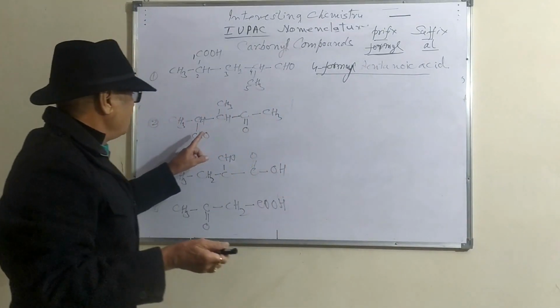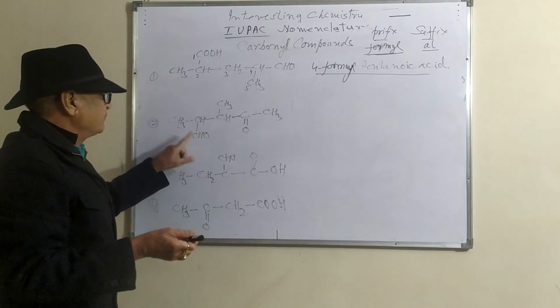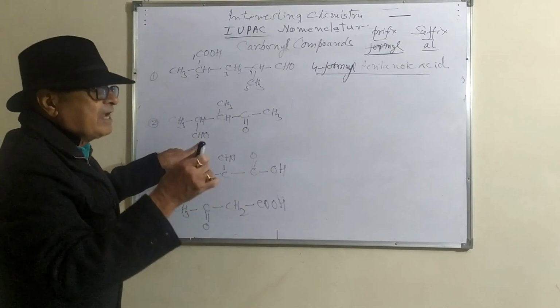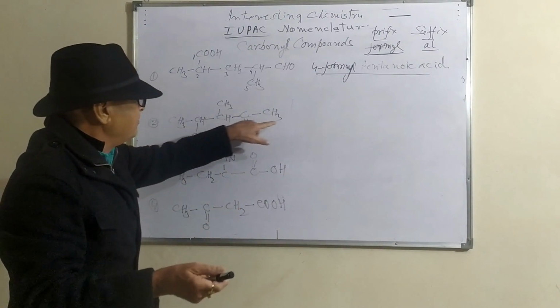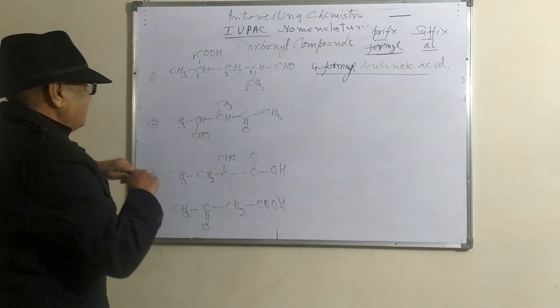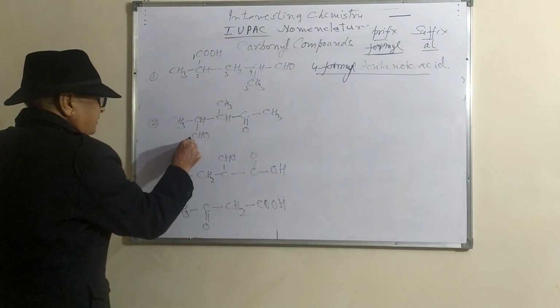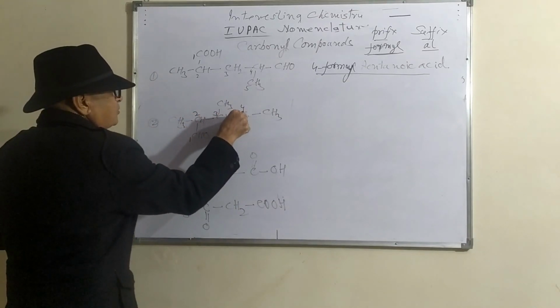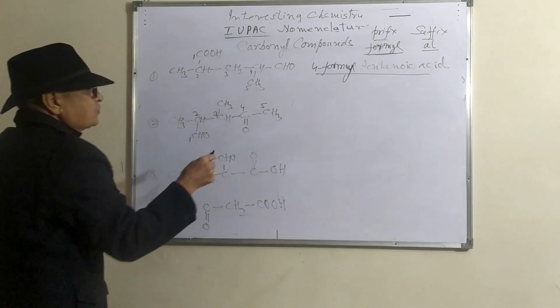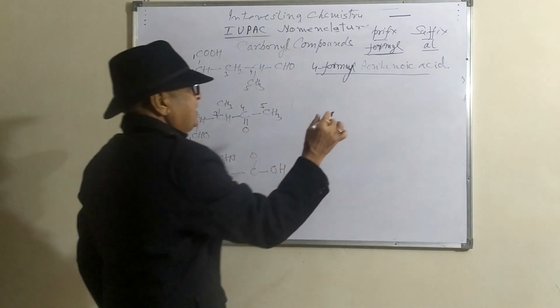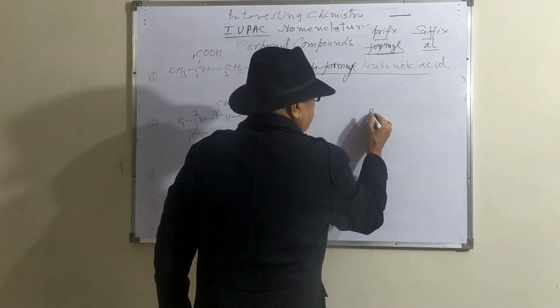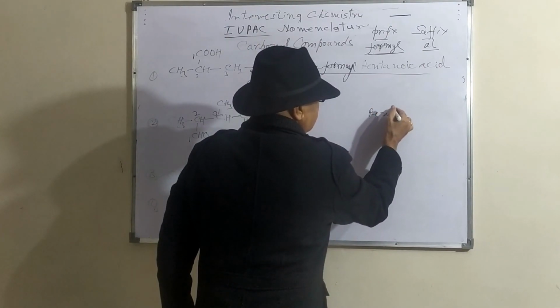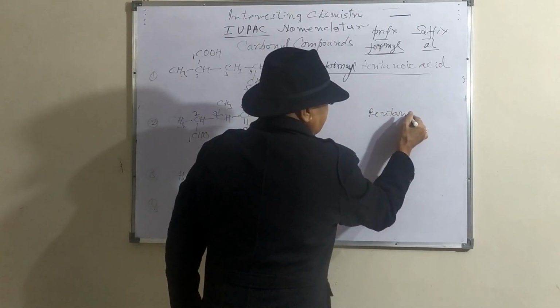So CHO will decide the name of this main compound. This carbon will be given number 1, this 2, this is 3, this is 4, and this is 5. So the parent compound is pentanal.